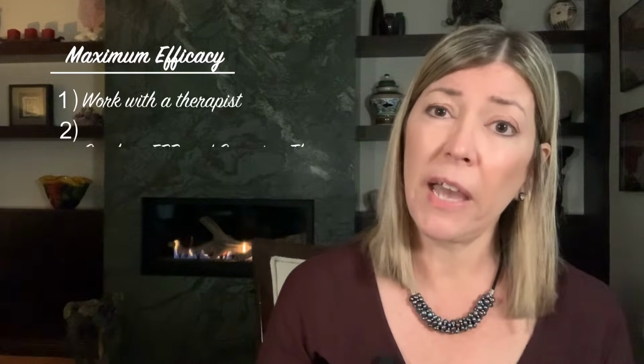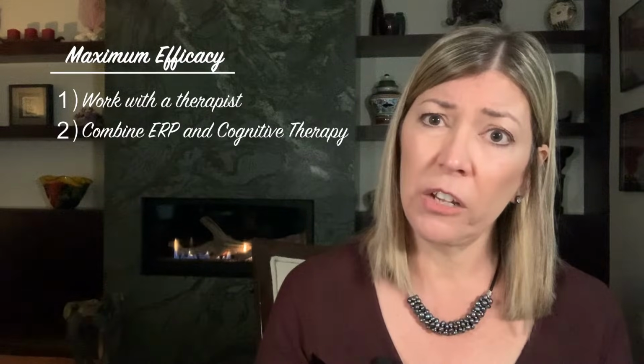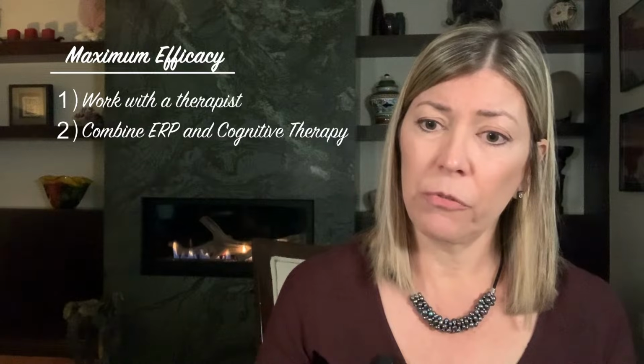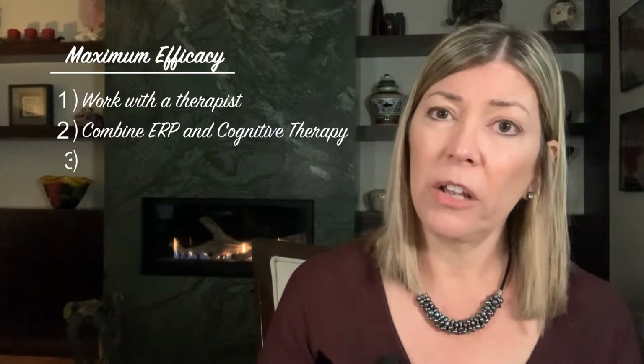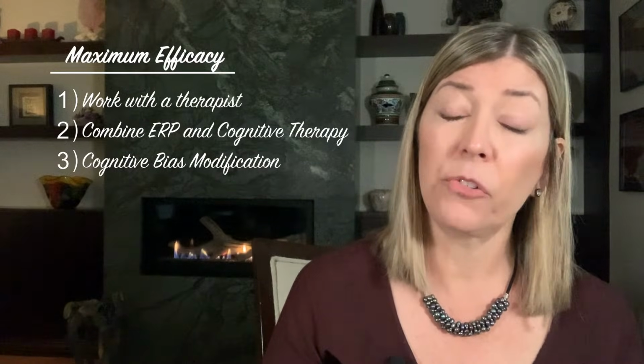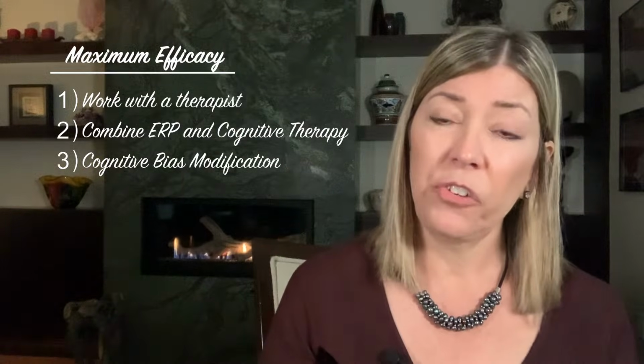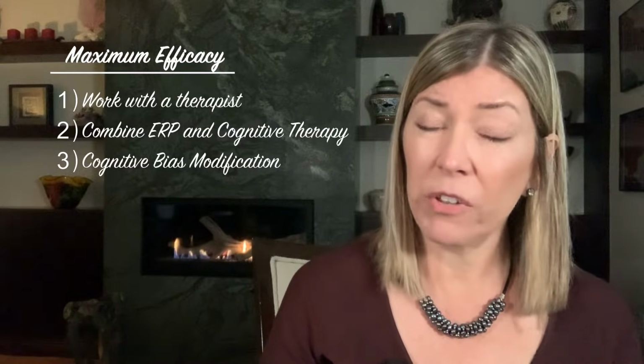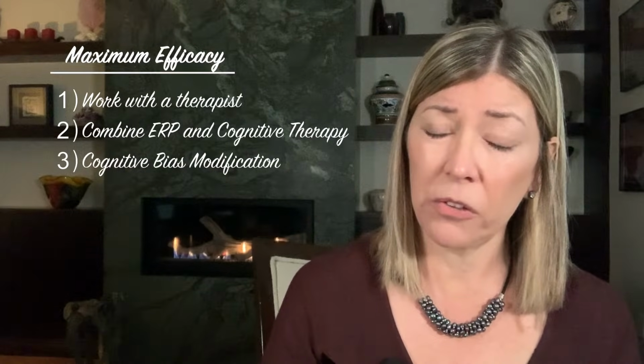Also, if someone can combine ERP with cognitive therapy, really challenging those thoughts, it helps make it more effective. Also, there's a therapy called cognitive bias modification, CBM. There is a certain kind of bias that people with OCD have, and it's called interpretation bias.